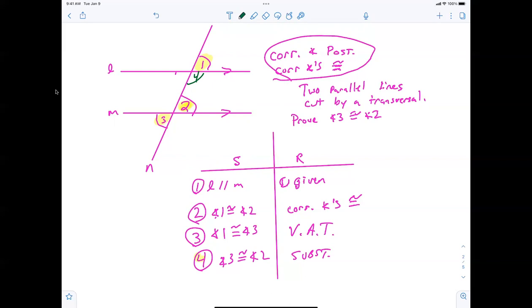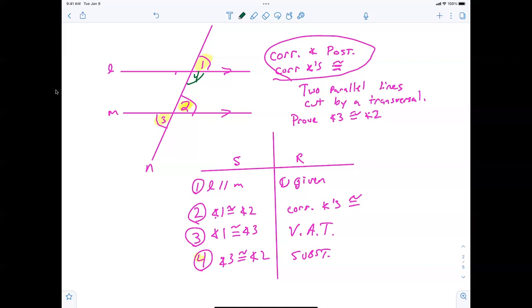Well, we know that 1 and 2 are the corresponding angles. That's true. So it's like a linear pair, 4 is not supplementary to 1. So they form a linear pair, right? That's the linear pair postulate. Angle 1 and angle 4 form a linear pair.